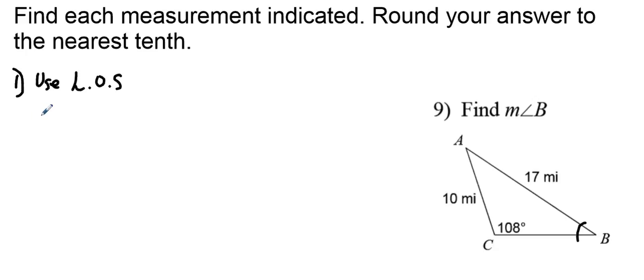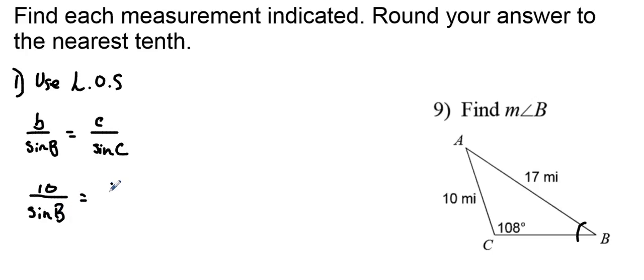Now, we know that the law of sines is A over sine A equals B over sine B equals C over sine C. But I can't use the A part because I don't have angle A and I don't have side A. So we have to say B over sine B equals C over sine C. And if we plug in 10, which is side B, over the sine of B, that's the angle that we're looking for, equals 17 over the sine of 108.